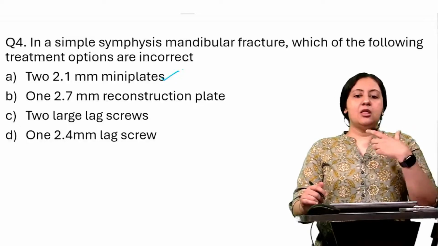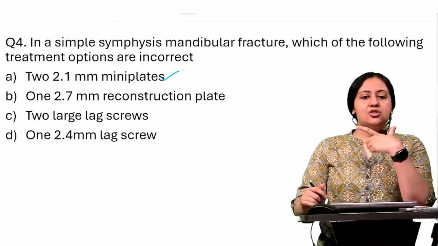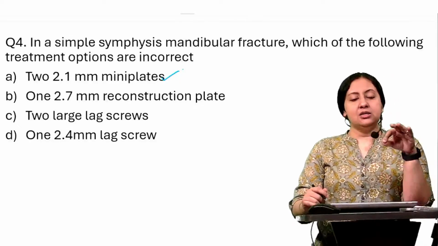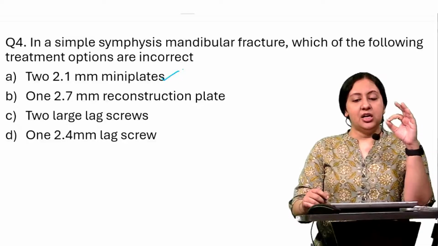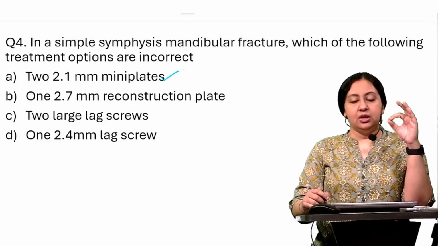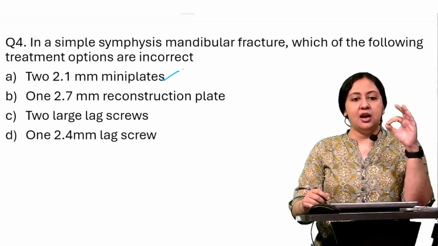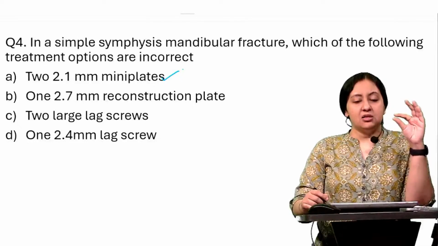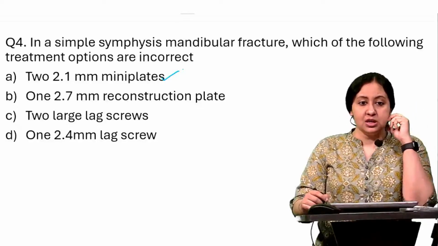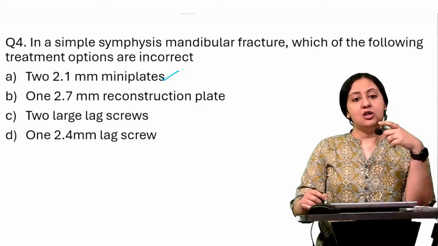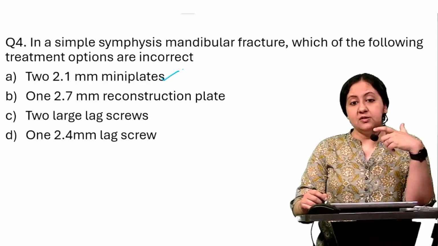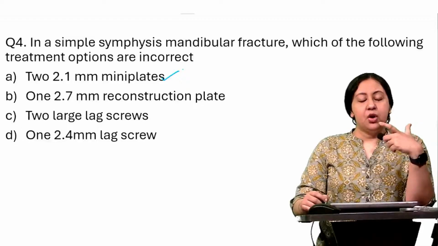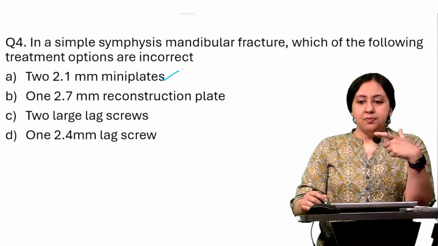Now, when you're using a single reconstruction plate at the mandibular symphysis, most of the time it is single-handedly enough to counteract the torsional forces. Because a reconstruction plate is thicker in profile and more robust, and we all know that it gives rigid fixation, it is going to keep your fracture segments in place.